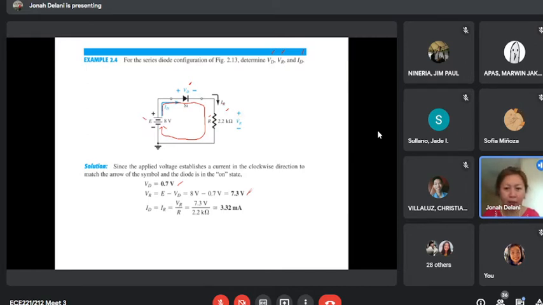Our V is 7.3 volts. So the current is V over R, 7.3 divided by the resistance, 2.2 K. That is the current in the resistor, and it is the same current that passes through the diode. So the diode current is 3.32 milliamperes.